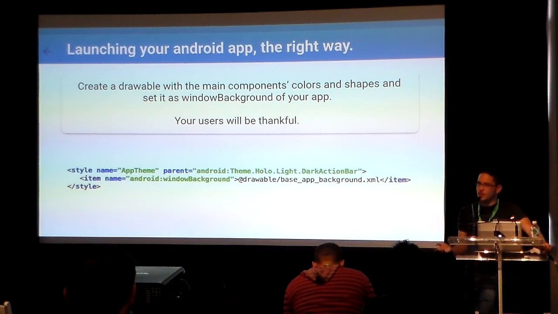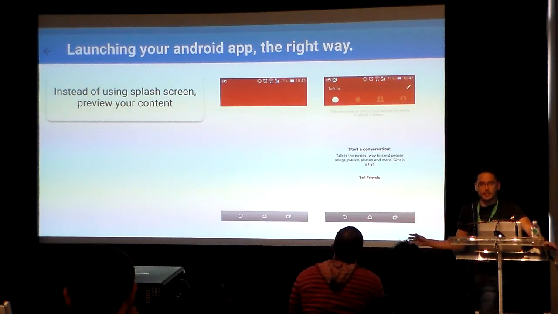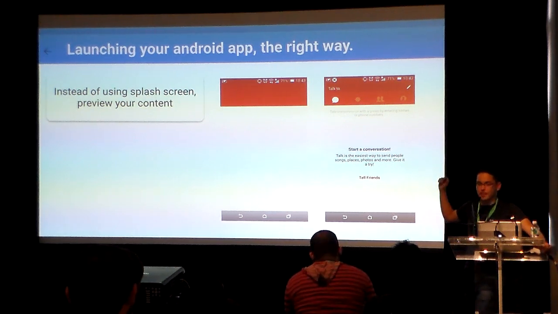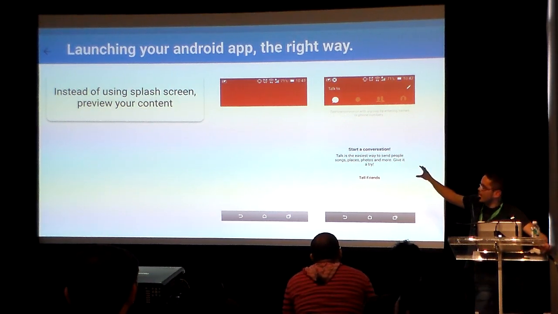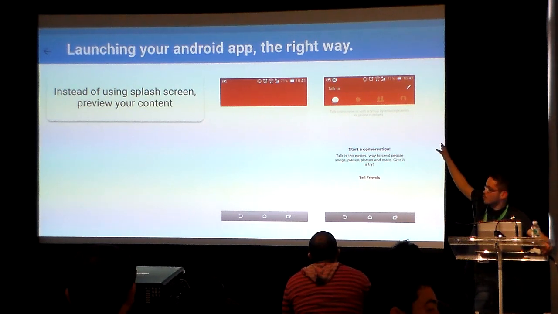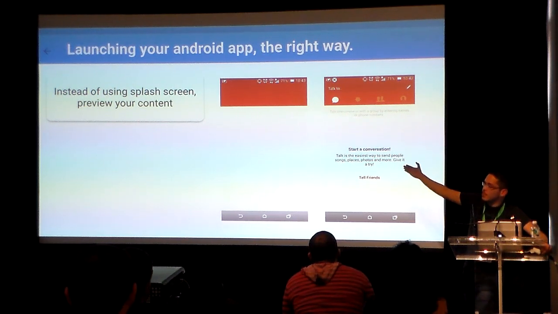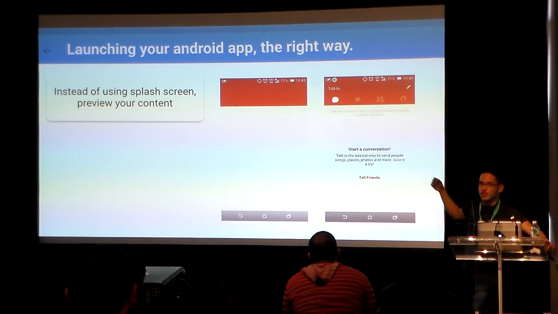When you have nothing on your window background, usually it's going to use your window background color. So if you're using Holo Light, it's going to be white. If you're using Holo Dark, it's going to be black. But you can set your own. So if you know that every time you open your app, you're going to end up in a screen like this one, that is going to have for sure all the time a tab and a red action bar, you can just create a drawable that represents that, without the icons, without the views.